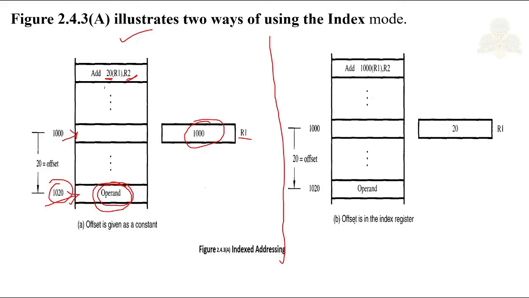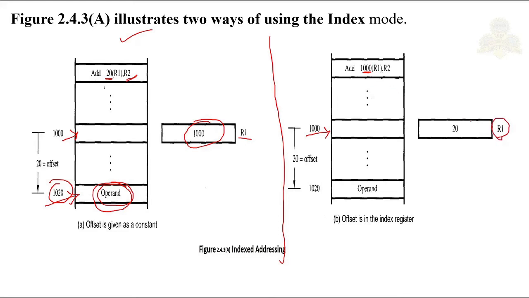The second way is where we present the offset in the index register. If we consider the instruction ADD 1000(R1), R2, here 1000 represents the memory location which is present here. The offset is present in the register R1.